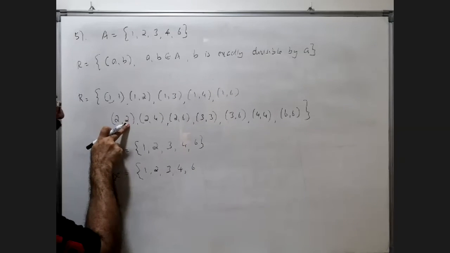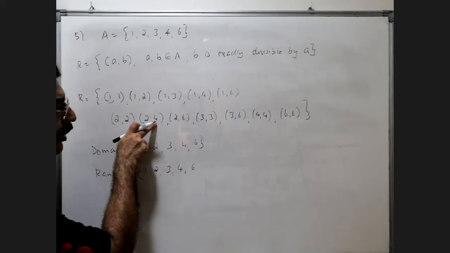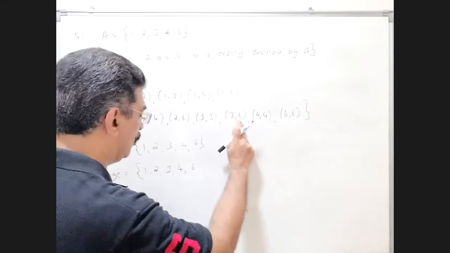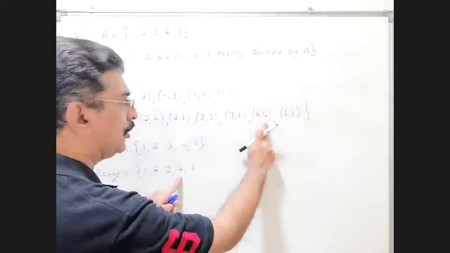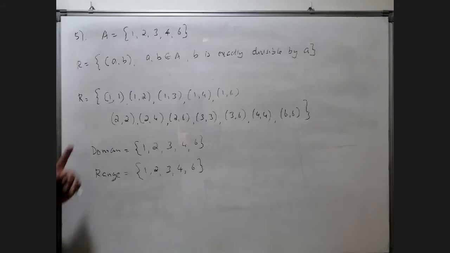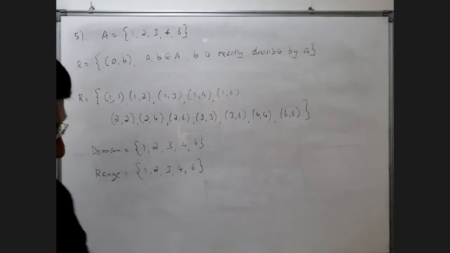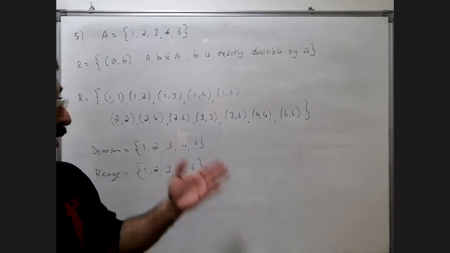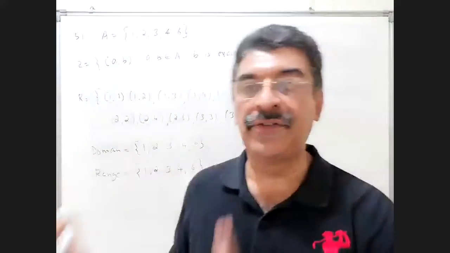We already wrote 2, 4, 6, 3, 6, 4, 6. In fact, here the domain, the range and the given set A are all the same.